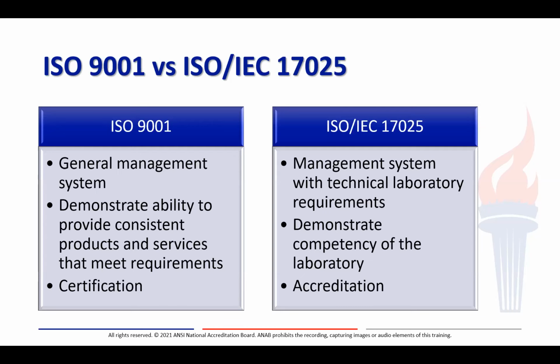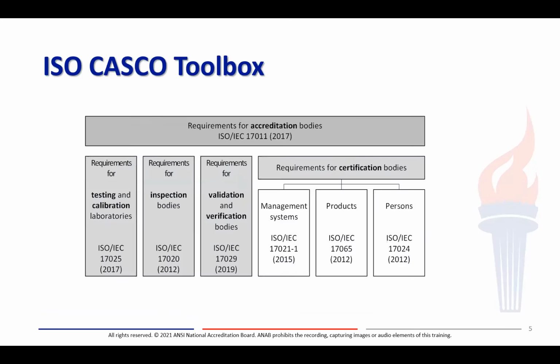17025 adds on to the general management system requirements with technical laboratory requirements. Laboratories must demonstrate competence in order to achieve accreditation. These technical standards are housed in what is called the ISO CASCO Toolbox.